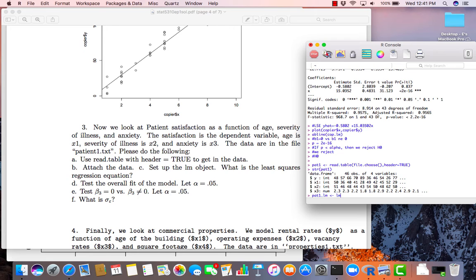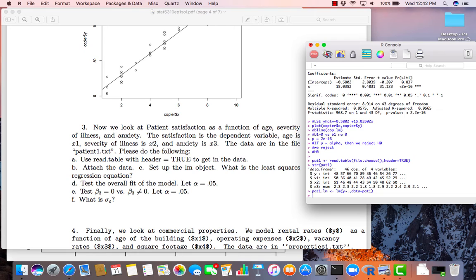And I'm going to do lm of Y tilde, and since I'm using everything else, I can just use tilde period, comma, data equals Pat1. So we're good. Summary of Pat1.lm.